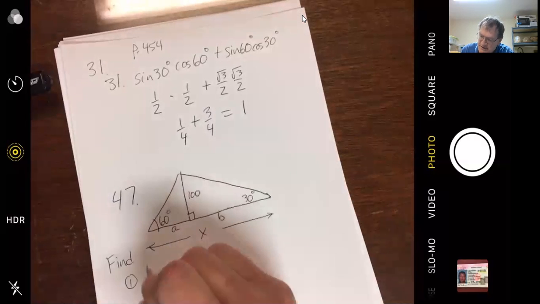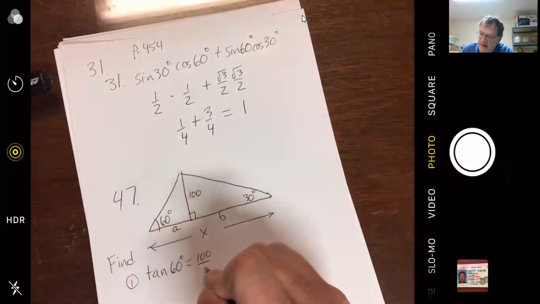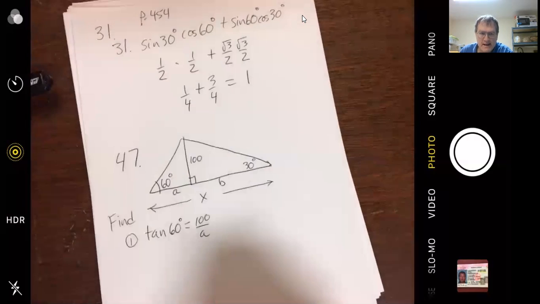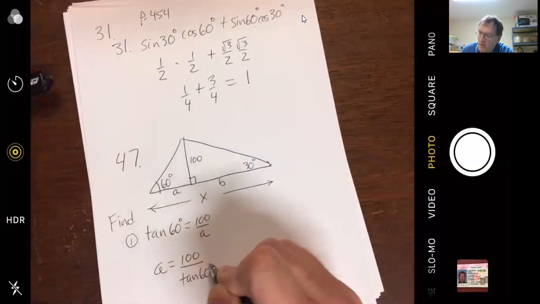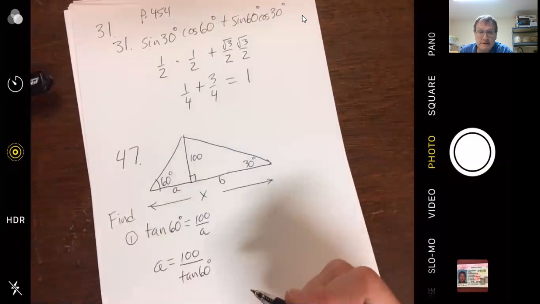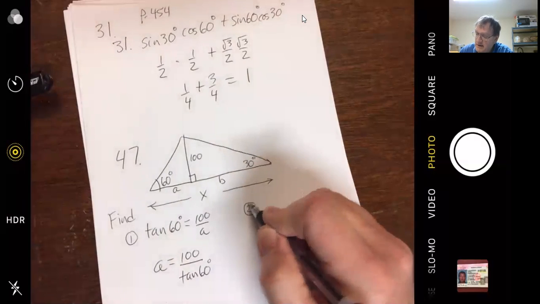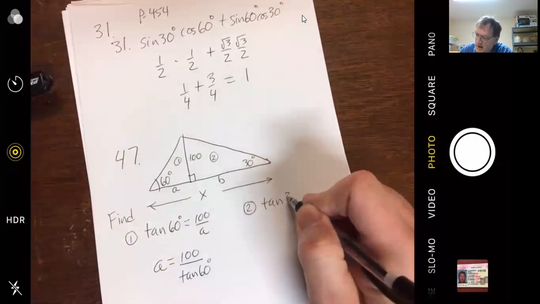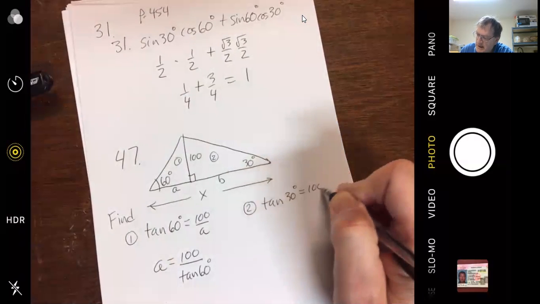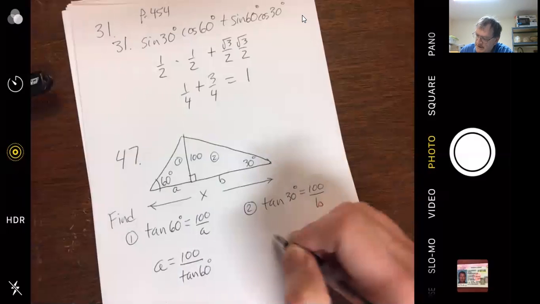If I start with tangent of 60, I get 100 over A. And A then is equal to 100 divided by tangent 60. And I can punch that out right now if I want. I play the same game over here. The tangent of 30, call this one number 1, this one number 2, the tangent of 30 is 100 over B. Again, the B and the tangent change places.